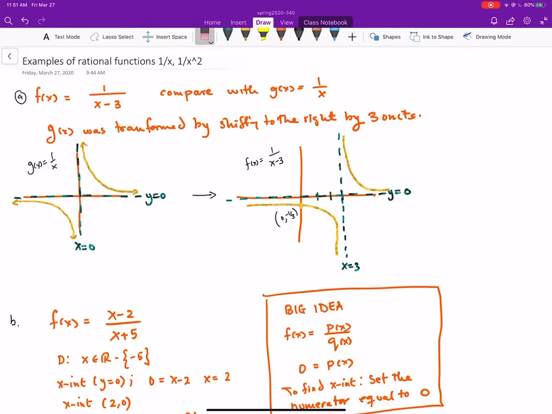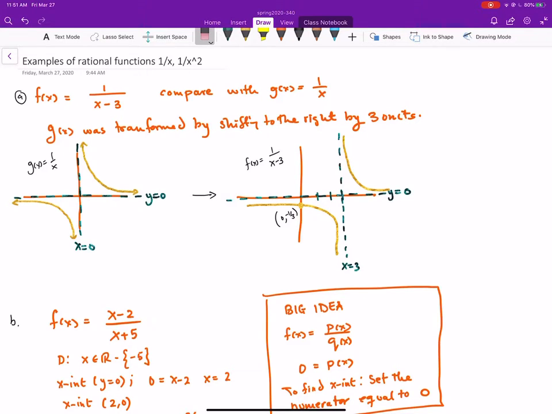And once you see that, you literally take the graph of 1 over x, which is one of our basic block functions, and then use it to help you draw the new graph, which is 1 over x minus 3. So on the left side, I have the graph of 1 over x sketched with the horizontal and vertical asymptotes clearly showing.